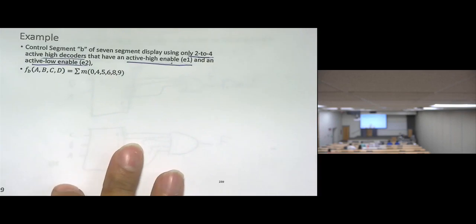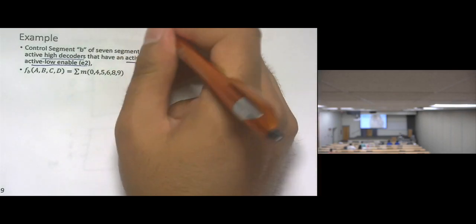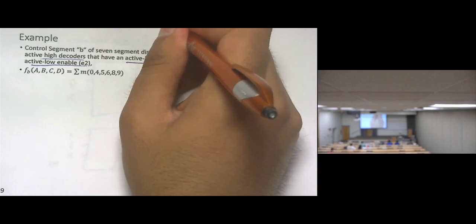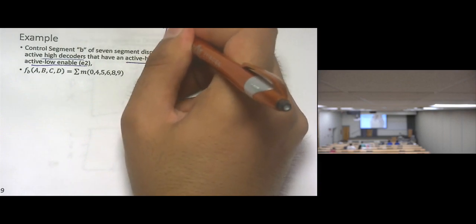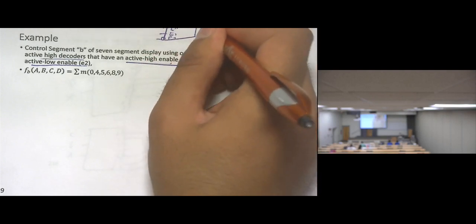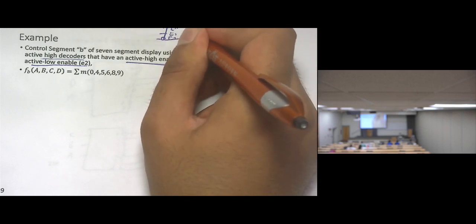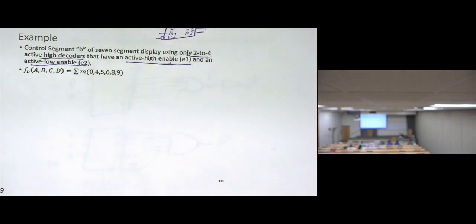This means this decoder has two enables. So the decoder has input 1, input 2, enable 1, and enable 2, active high and active low. Since two inputs, we have 4 outputs, 0, 1, 2, 3. But we have two enables.